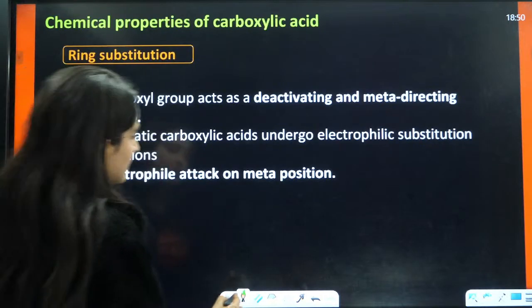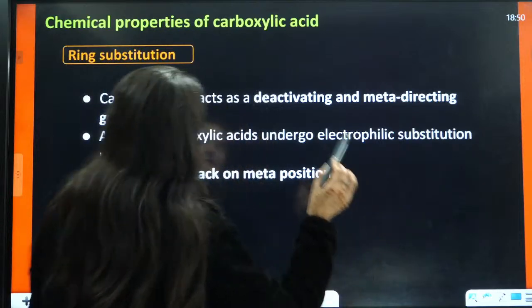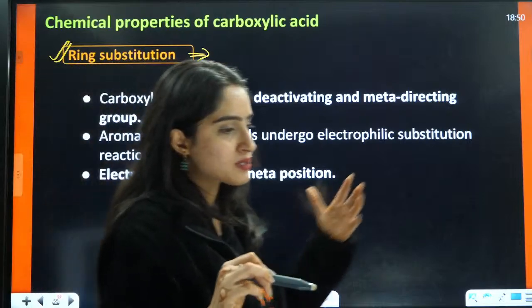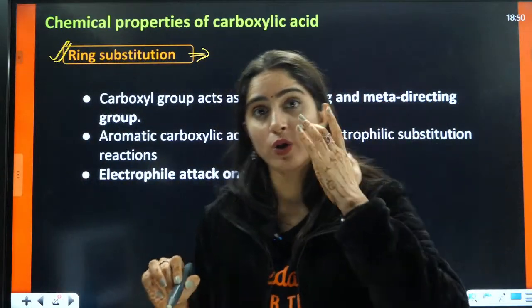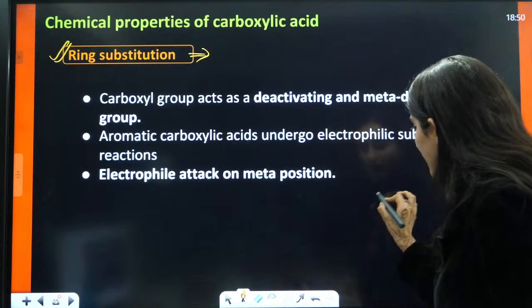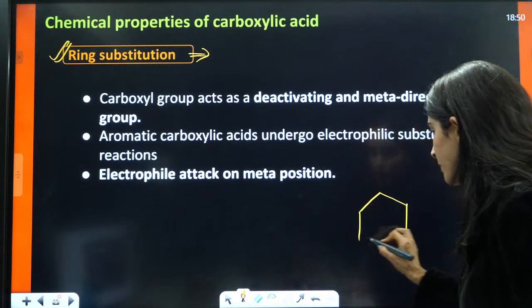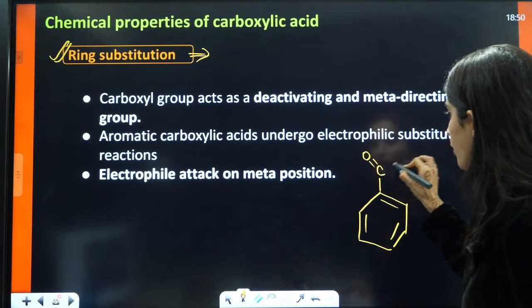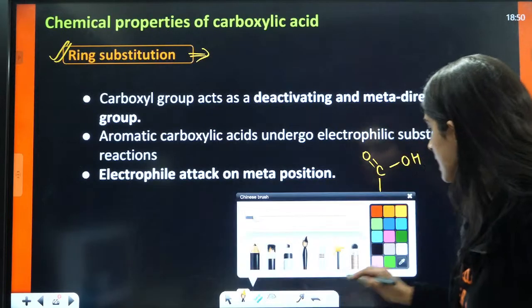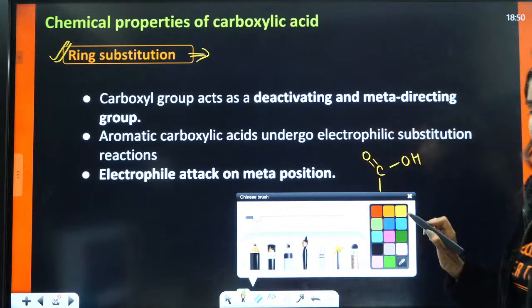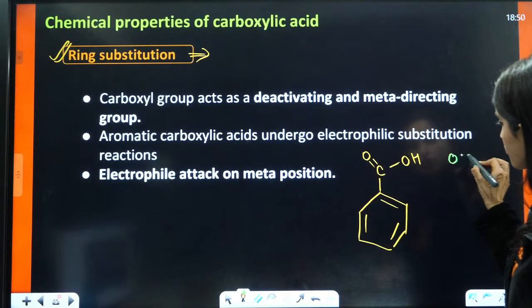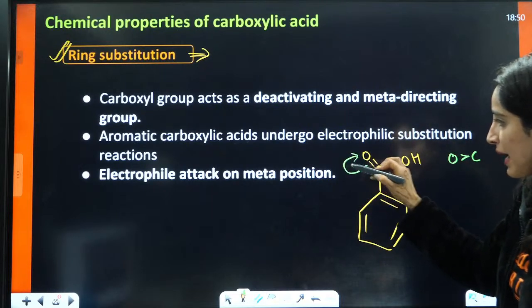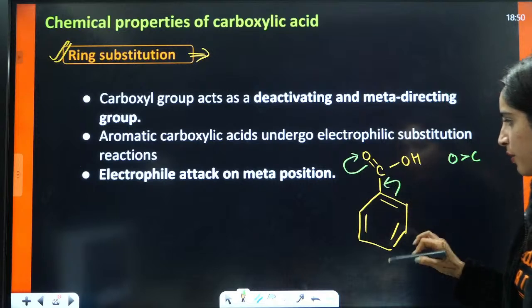Now, next are the chemical properties, the substitution reactions. As I told you yesterday about aldehydes, that was meta-directing, and here this will also be meta-directing. The reason is you have C double bond O, and this is OH. Oxygen is more electronegative than carbon, so it will take out pi electrons from here.